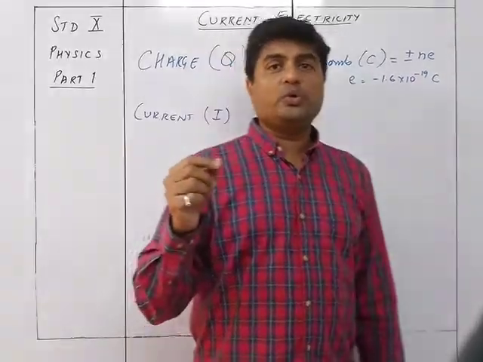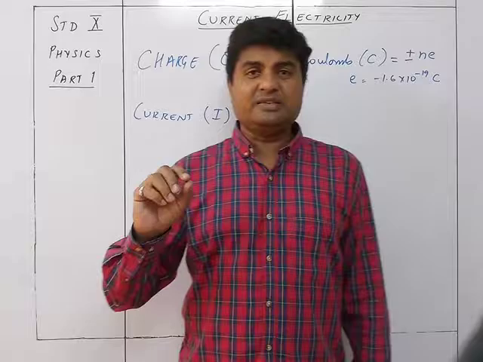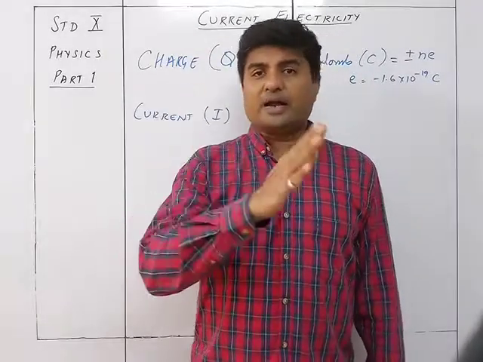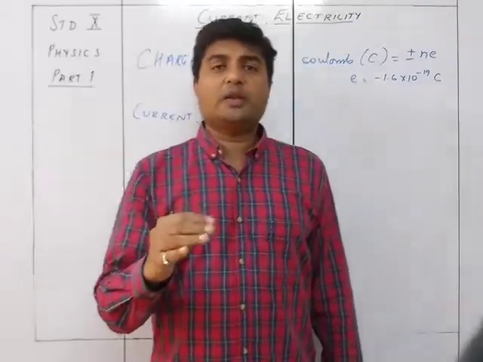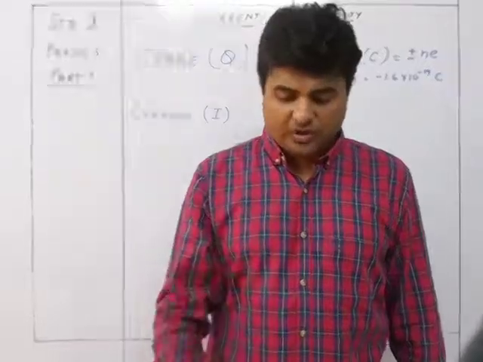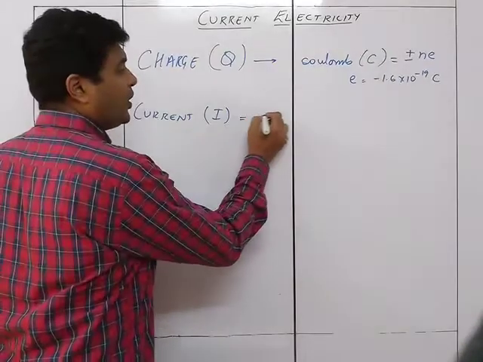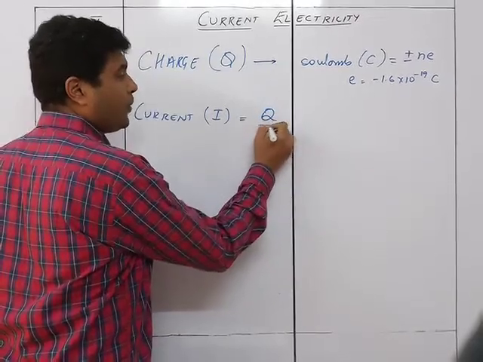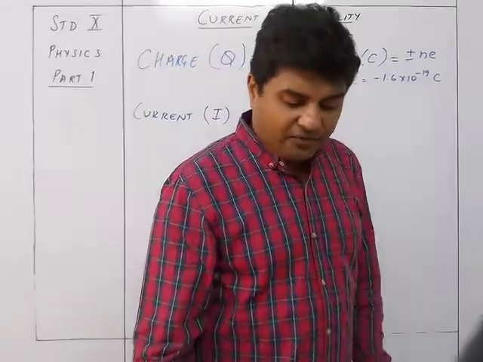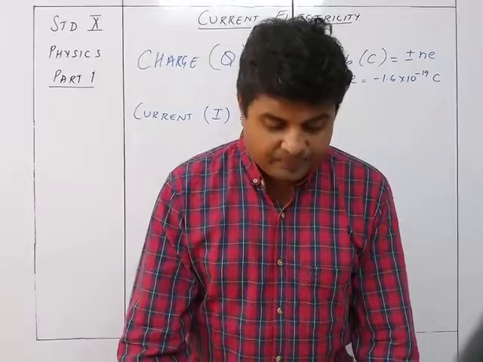Now I have always told you that whenever there is a rate of flow or rate of something, that means it is charge upon time. Okay. Wherever rate comes, it means the denominator of that particular formula has time in it. So accordingly, current here is the rate of charge, that is Q upon T. Okay, so in other words, the current flowing in the conductor is the amount of charge flowing per second through it.